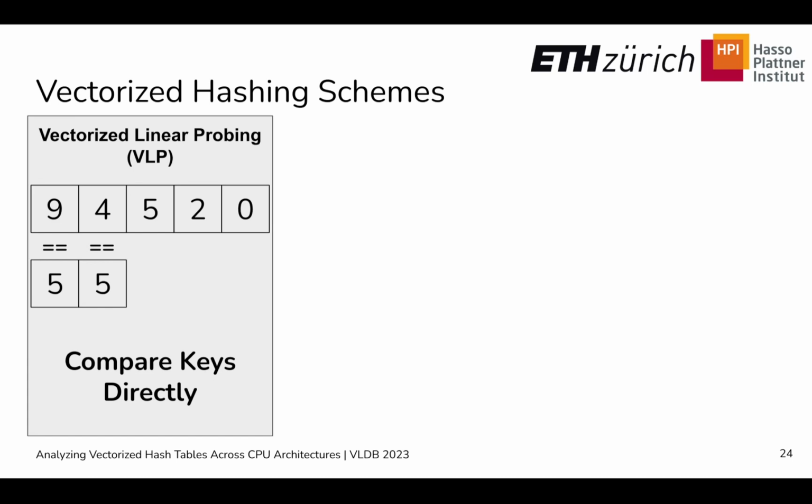Now, how can we use SIMD to implement vectorized hashing schemes? The first approach is what we call vectorized linear probing. In vectorized linear probing, you take linear probing and just perform the key comparisons in parallel. You linearly walk through the array and check if the keys are equal.